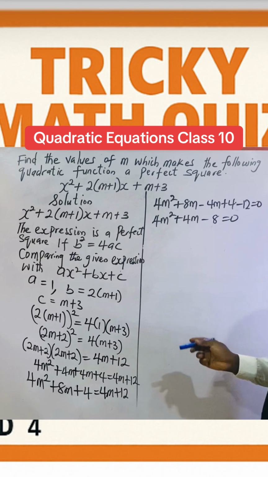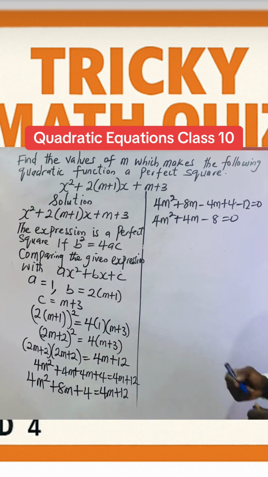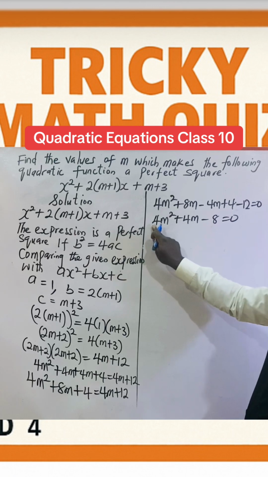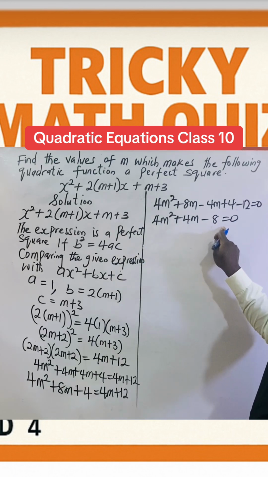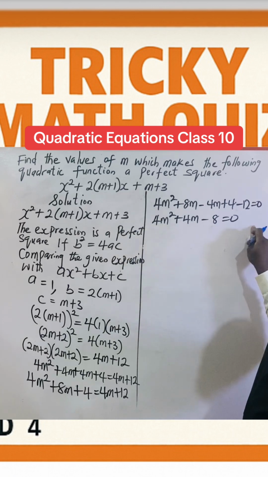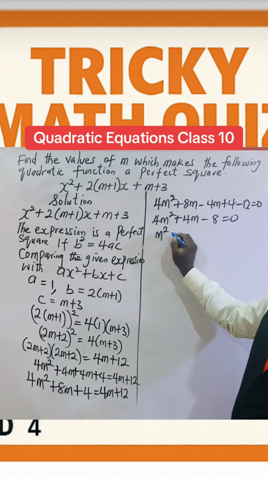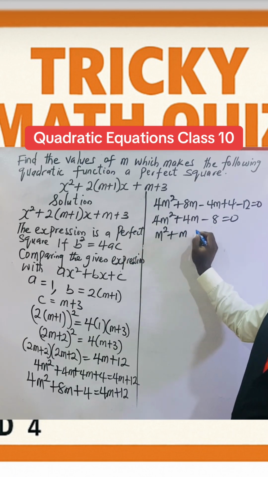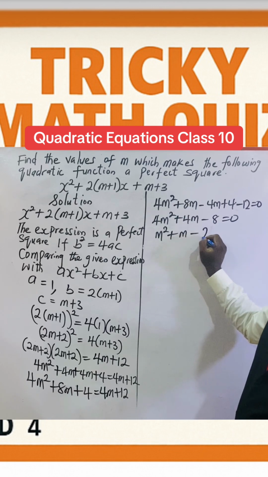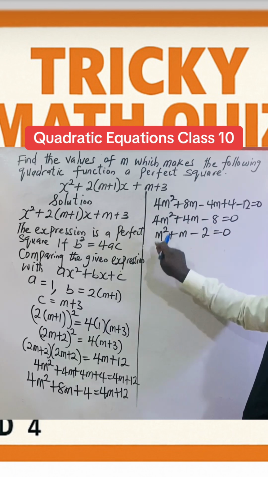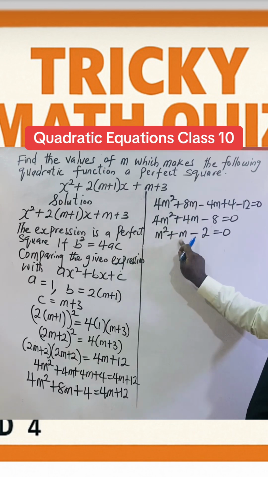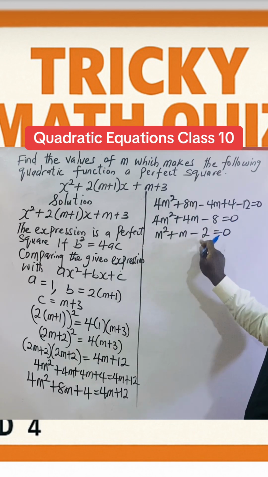So we have formed a quadratic equation. What we do now is to simplify it. Dividing through by 4 will give us m squared plus m minus 2 equal to 0. 4 divided by 4 is 1, 4 divided by 4 is 1, 8 divided by 4 is 2.